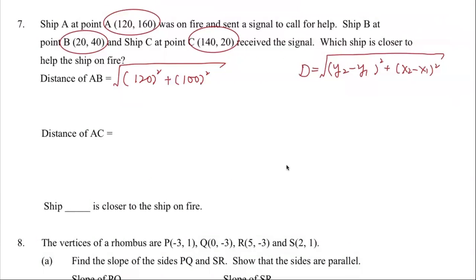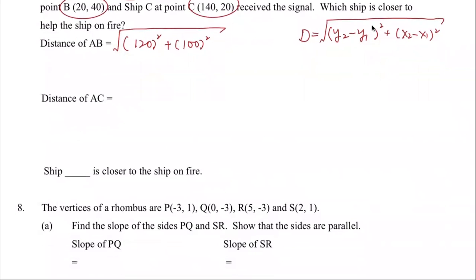Okay, so I need to use my calculator. Just give me 1 second. Let me find my calculator. Okay. So 120 squared, that's 14,400. Plus 100 squared, that's just 10,000, right? And then we find the square root of this.